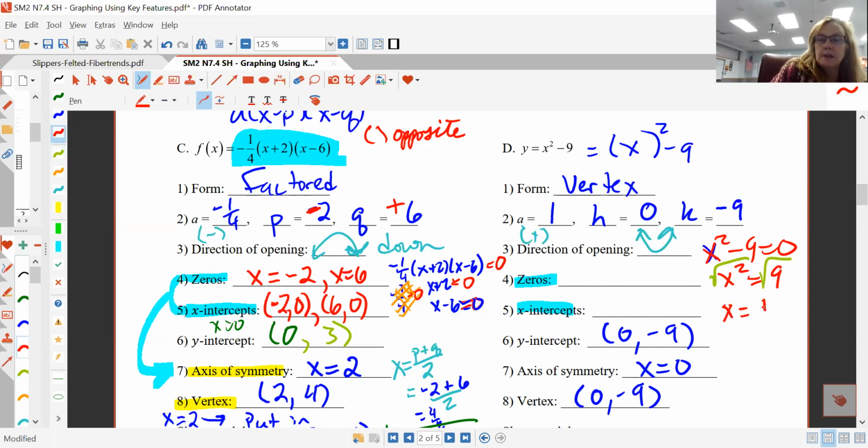X equals plus or minus 3. So once I have a square root, as soon as I take the square root, that's what turns it into plus and minus. Okay, so that right there. So what are my zeros? X equals 3, x equals negative 3, 3, 0, oops, negative 3, 0.